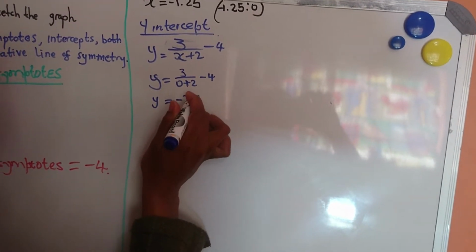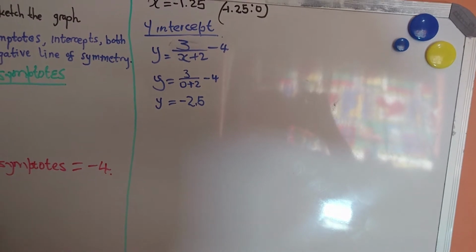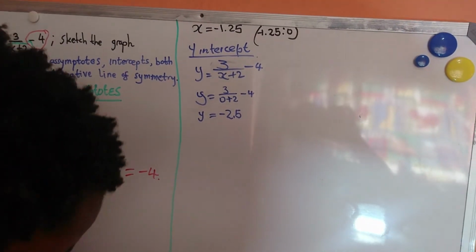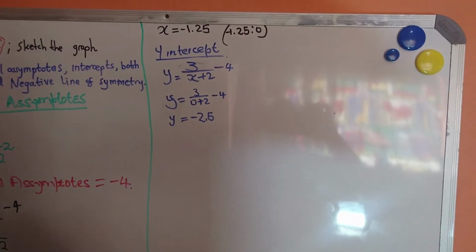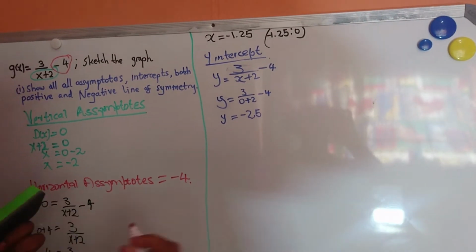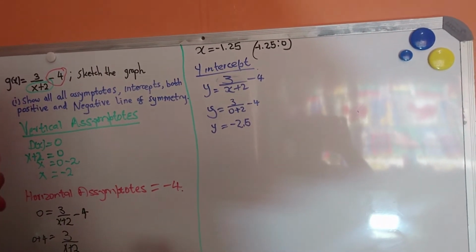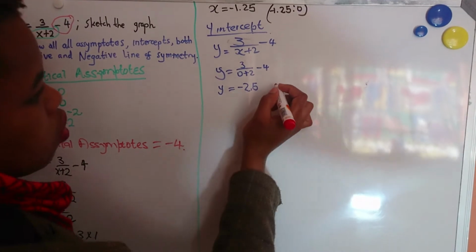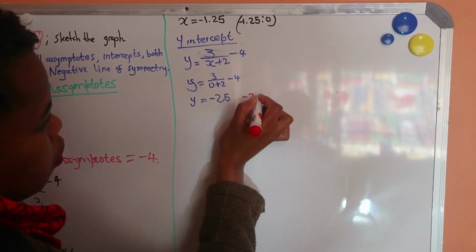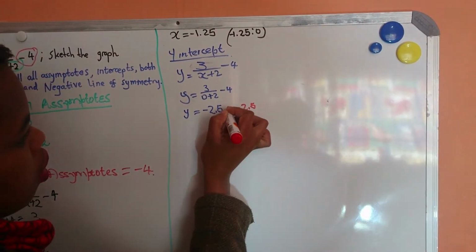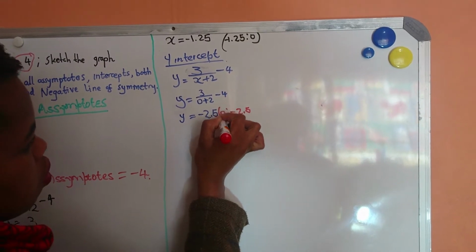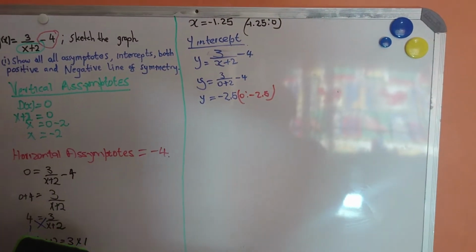Negative 2.5. So what is that? Y-intercept. Okay. So negative 2.5, x is equal to 0. So there's a y-intercept.